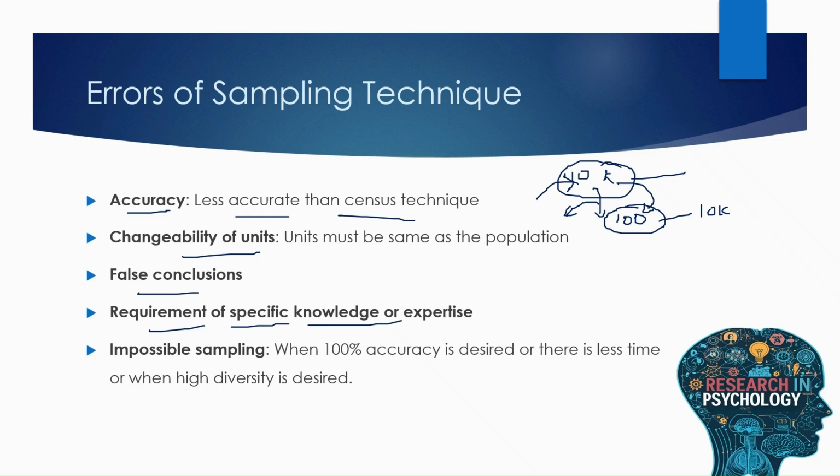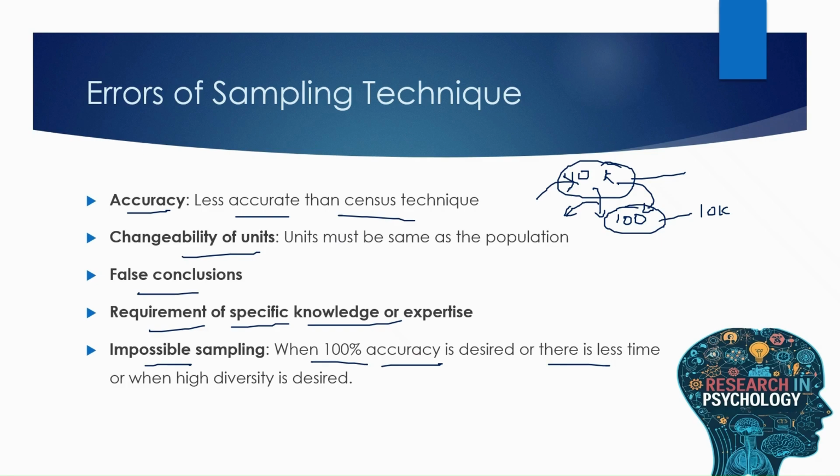Finally, impossible sampling, which means there are some scenarios where sampling is not possible. Example, when 100% accuracy is desired. If you need 100% accuracy, I told you, you cannot use sampling technique. You have to use census technique, right? So if you want 100% accuracy, sampling is not possible. It would give you an error. If you have very less time, you don't have time to choose the sample, you will take data from whatever unit is available to you, or maybe even census.